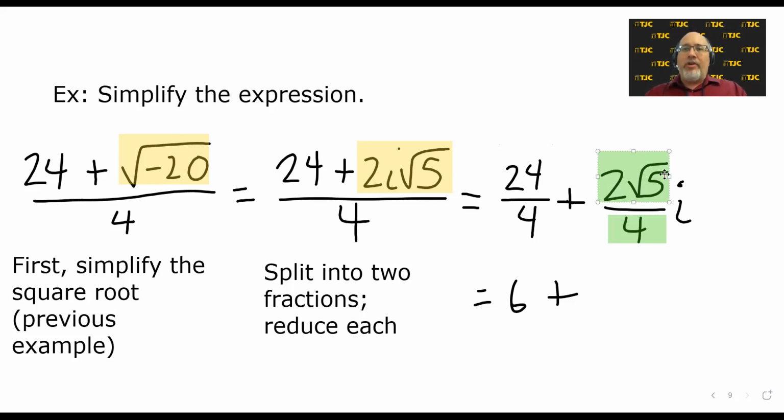In a fraction, you're only allowed to reduce parts of multiplication problems. The 2 is part of a multiplication problem, 2 times the square root of 5. So now I can just look at the 2 itself and try to reduce that. I can reduce the 2 by 2 to get 1 and the 4 by 2 to get 2.